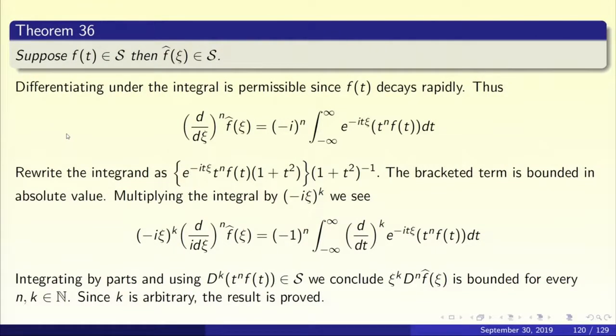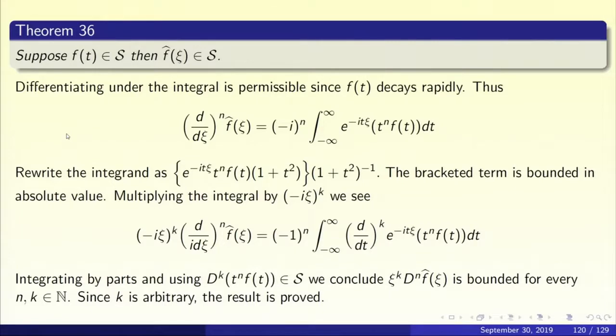So first write the definition of the Fourier transform. f hat of chi is the integral from minus infinity to infinity of e to the power minus i t chi times f of t dt. Now differentiate this under the integral sign. Let us differentiate it once, d by d chi of f hat of chi.